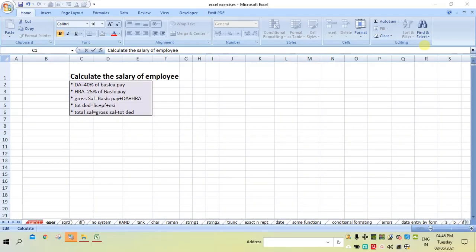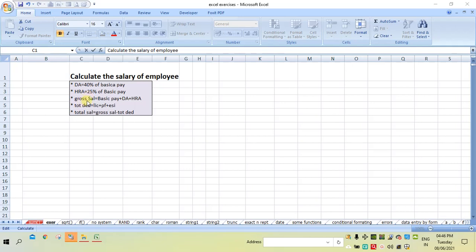Now we will solve the problem for the salary of an employee. Here the question is given to calculate the DA and HRA, where DA is 40% of the basic pay and HRA is 25% of the basic pay.